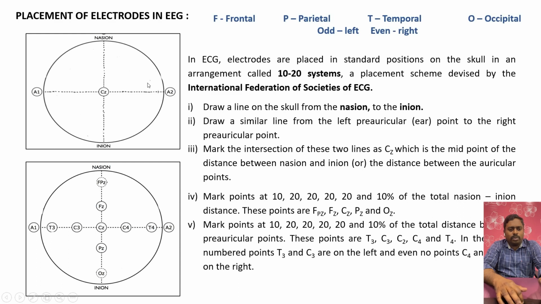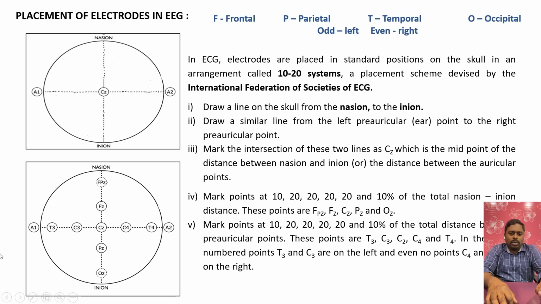Now we have to mark the points. Why is this system called the 10-20 recording system? Because here we have to measure 10% or 20% distances, and we place the electrodes there. That's why it is called the 10-20 system.